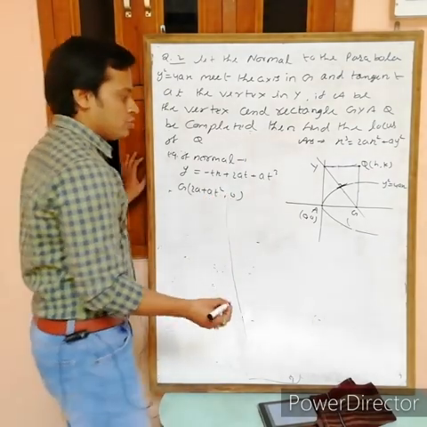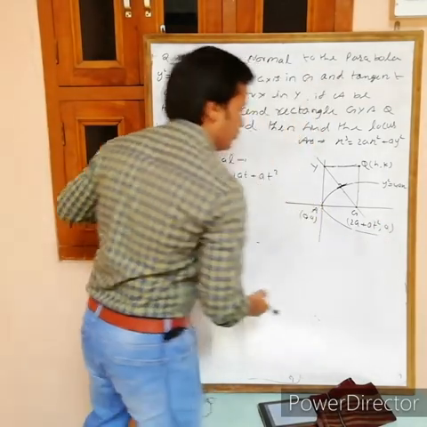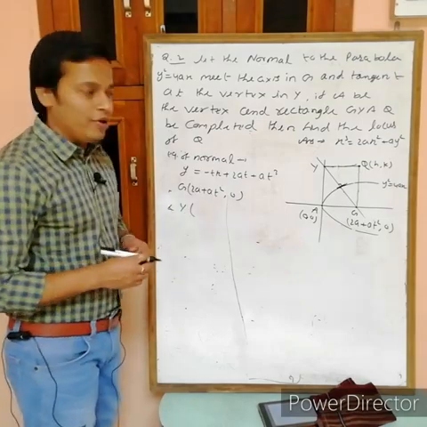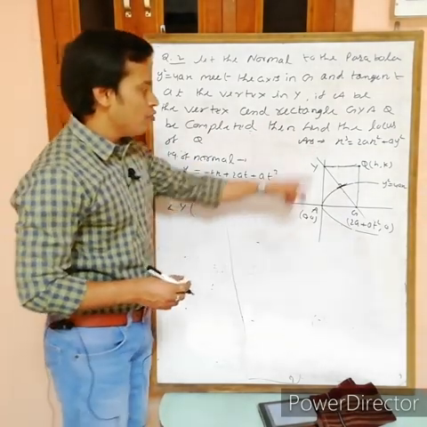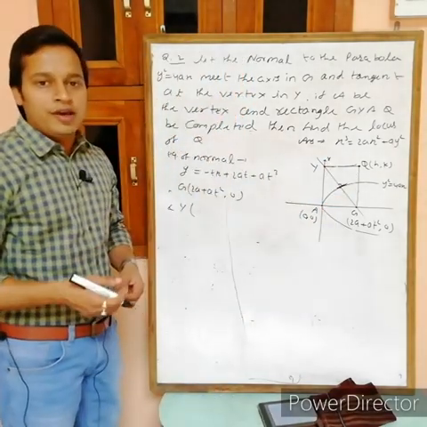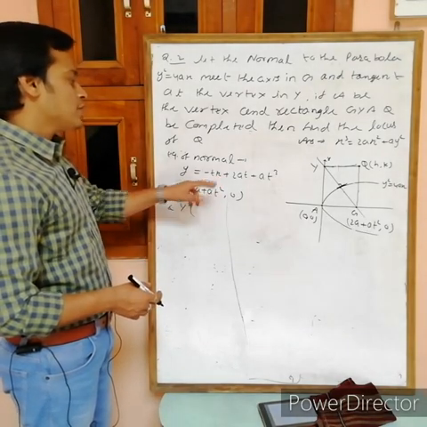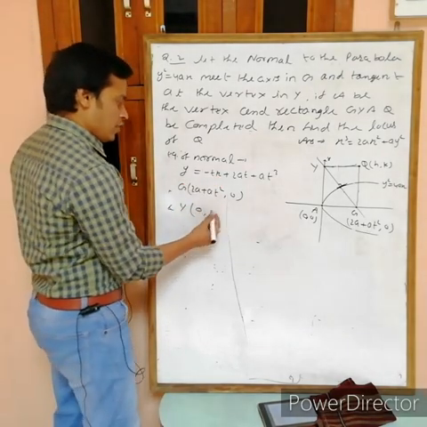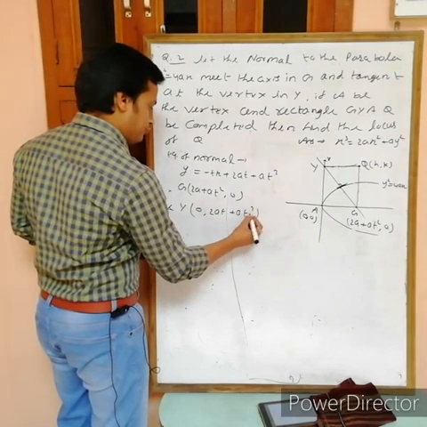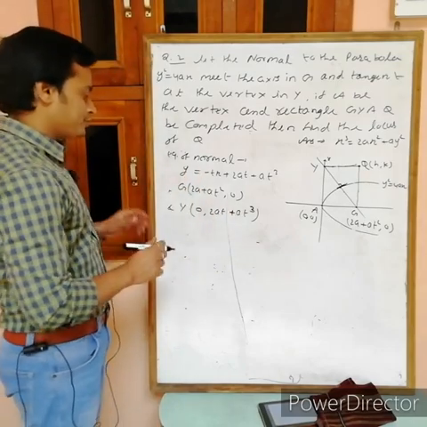So G is (2a plus at square, 0). And for Y, Y lies on the y axis, so x is 0. Put x equals 0, then the value of y is 2at plus at cube.